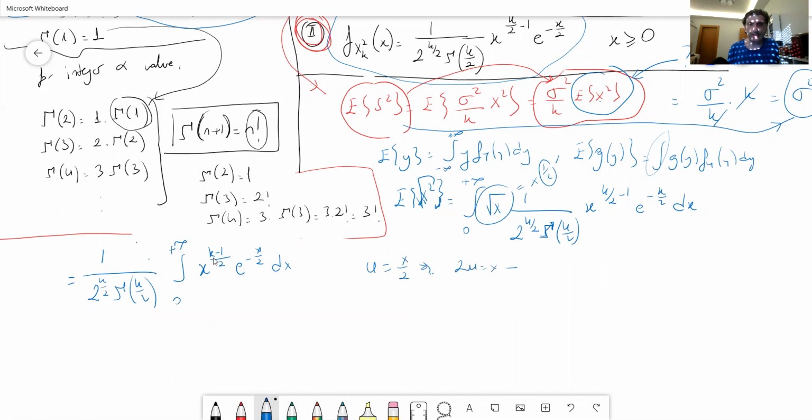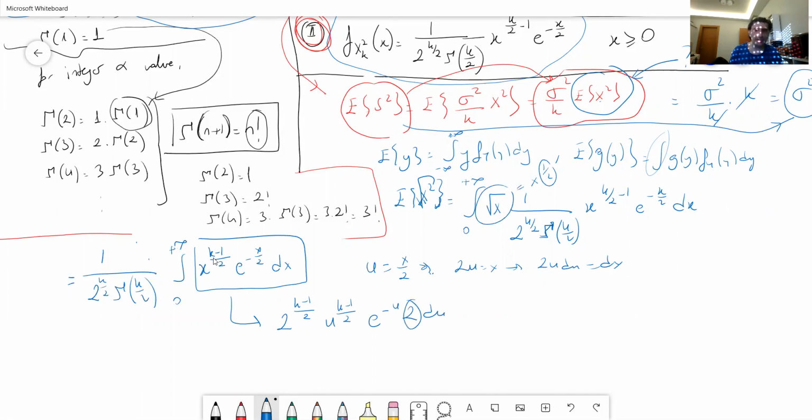Again, the very same transformation: 2u is x and 2u du is dx. So we concentrate on this part. It's going to be u to the k minus 1 over 2, because 2u is x, and we have exponential minus u, times 2 du.